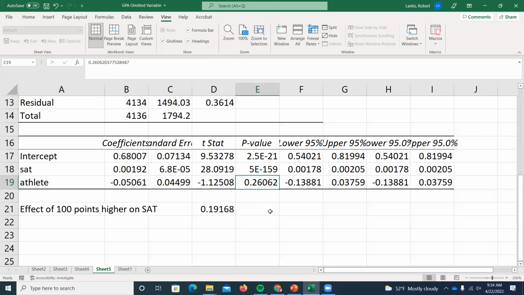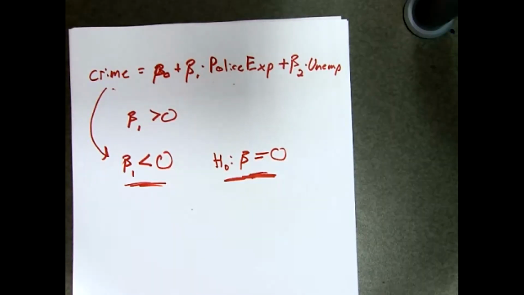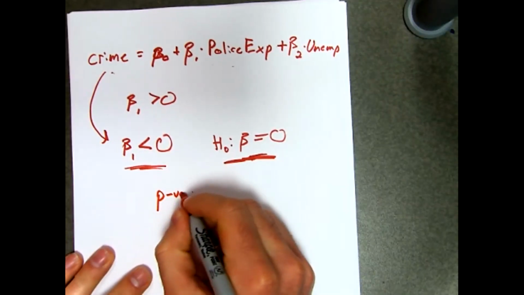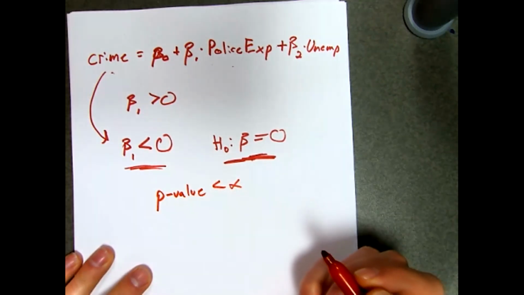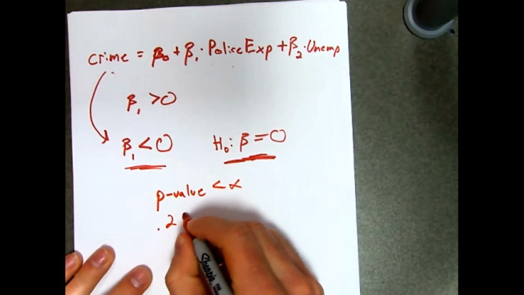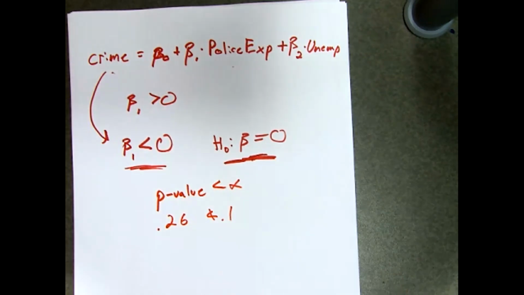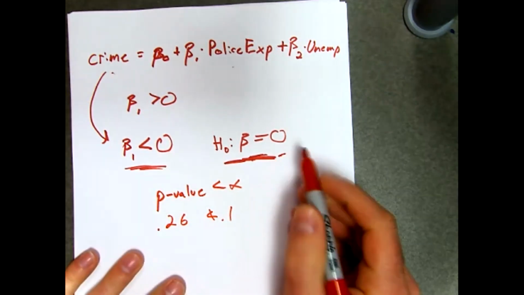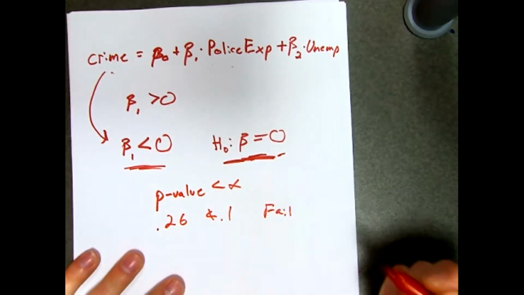Now, the p-value associated with that student athlete variable is now 0.26. So here, am I going to be able to reject at any of my conventional levels? Well, we only reject if the p-value is less than alpha. 0.26 is not even less than my alpha of 0.1. So I fail to reject the null.